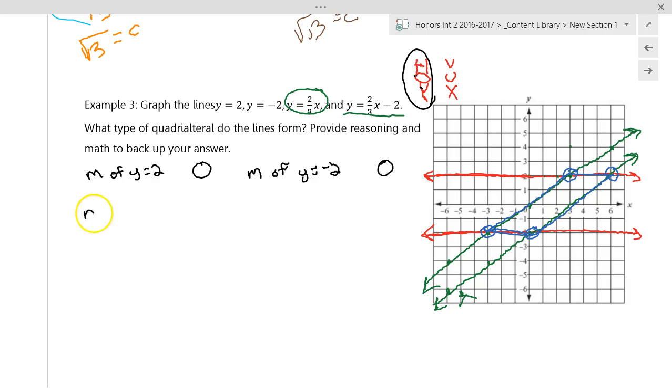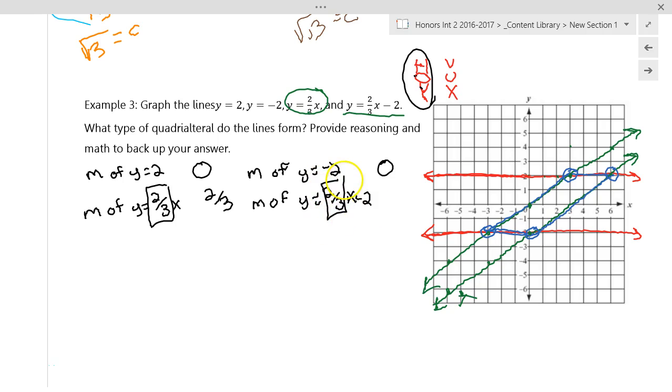Slope of y equals 2/3 x. Again, I'm pulling my slope straight from there. It's 2/3. Slope of y equals 2/3 x minus 2. Again, pulling my slope right from there. It's 2/3. That was easy, right? I don't even have to do the math. I don't have to find the slope.